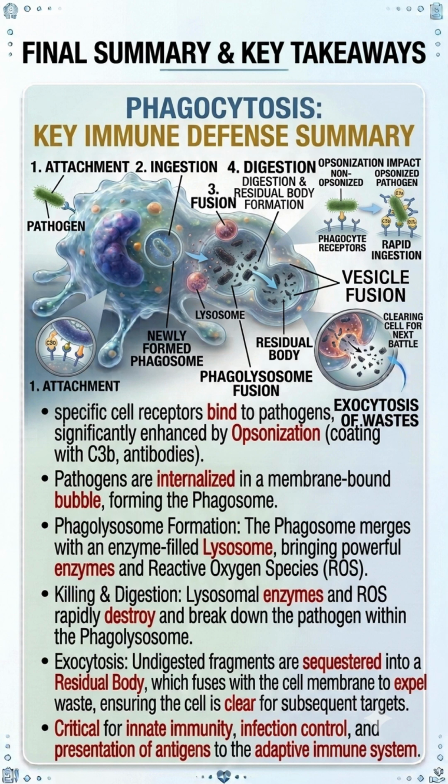Killing and digestion. Lysosomal enzymes and ROS rapidly destroy and break down the pathogen within the phagolysosome. Exocytosis. Undigested fragments are sequestered into a residual body, which fuses with the cell membrane to expel waste, ensuring the cell is clear for subsequent targets. Critical for innate immunity, infection control, and presentation of antigens to the adaptive immune system.